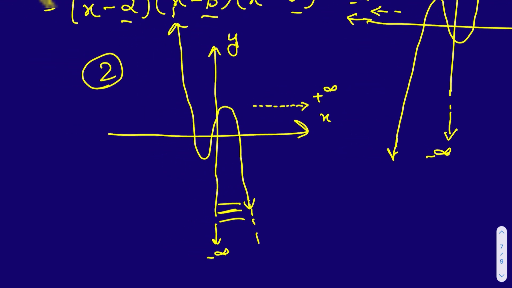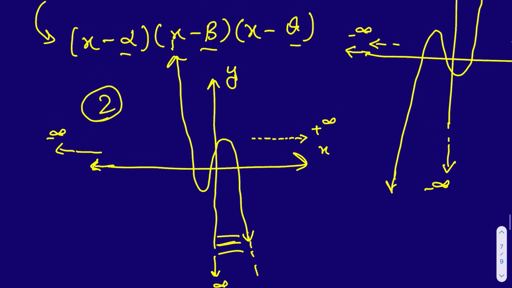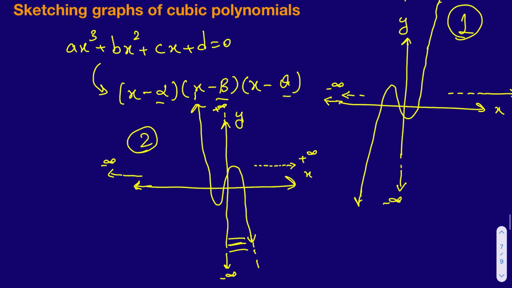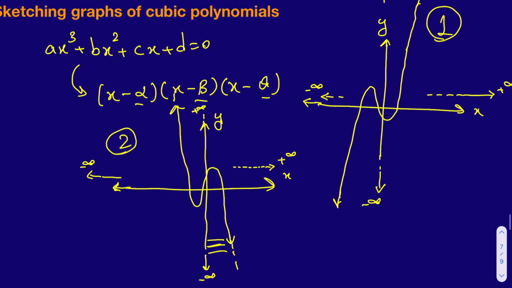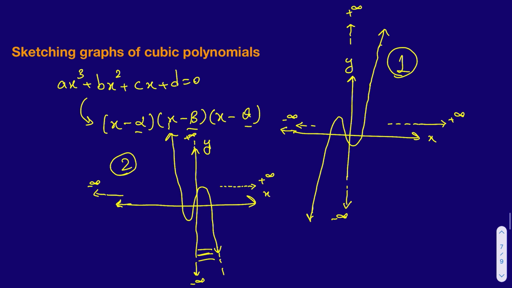And similarly here, as the value of x approaches negative infinity, the value of y approaches positive infinity. This is the only difference, and we will understand what it means in the example that I'm going to solve.